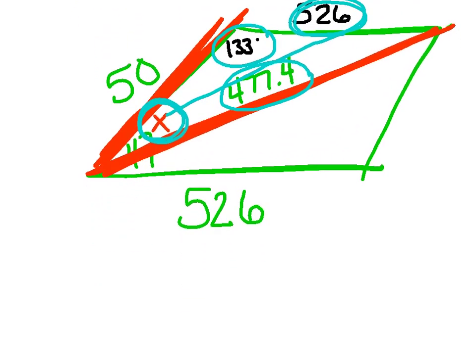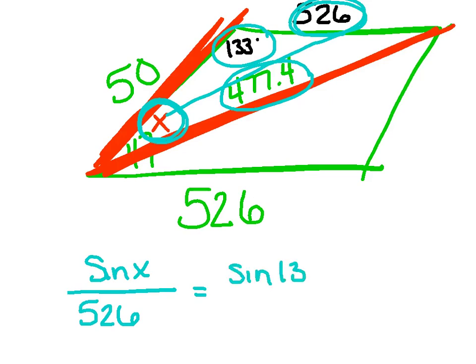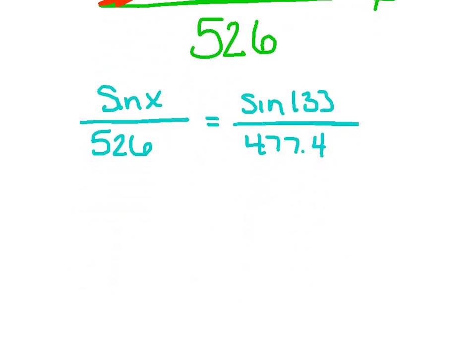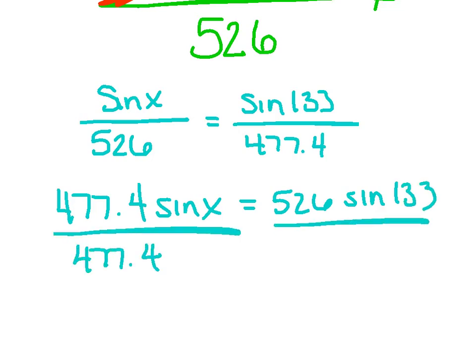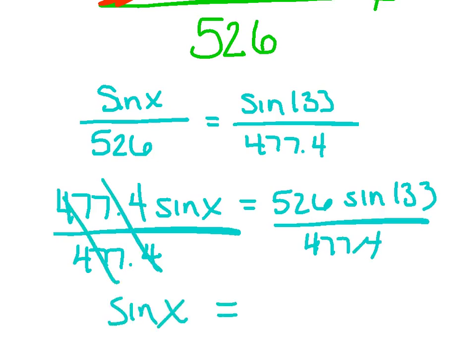So I'm going to say it's the sine of angle x, which is across from side 526, and the sine of angle 133, which is across from 477.4 that we just found. So we've got a nice cross multiply. 477.4 sine of x equals 526 sine of 133. Divide that 477.4 out. I get 0.805, and so on.